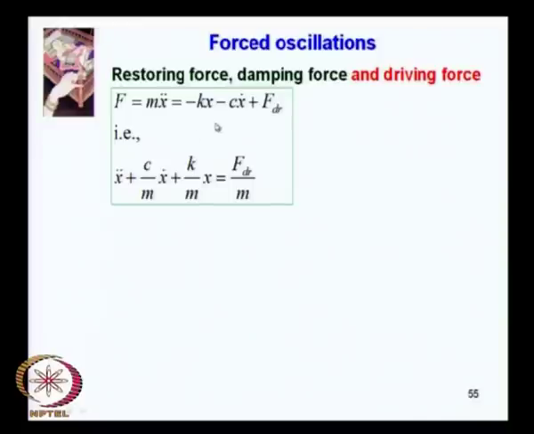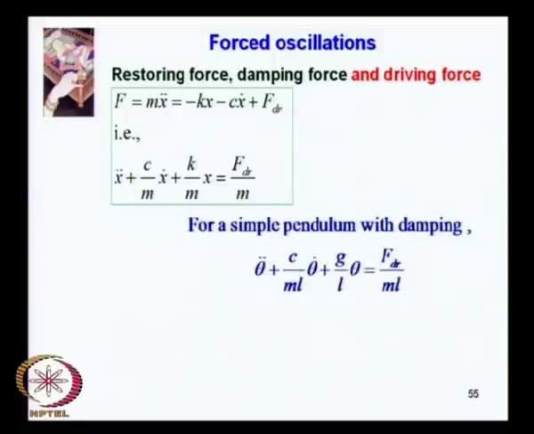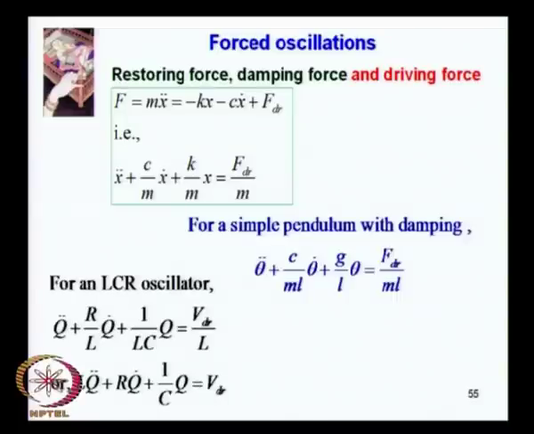and you can divide it by the inertia and you get the equation for the acceleration, and this would be the case for any kind of damped driven oscillator. It does not have to be just a mass spring oscillator, it can be the simple pendulum with damping which is subjected to a periodic force, or it can be an electrical oscillator in which it is the resistance which introduces damping.